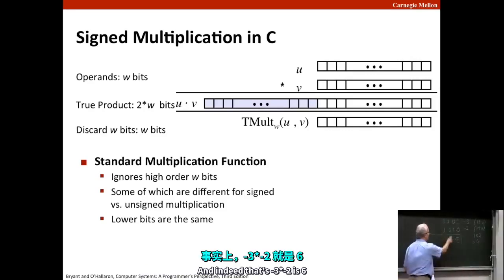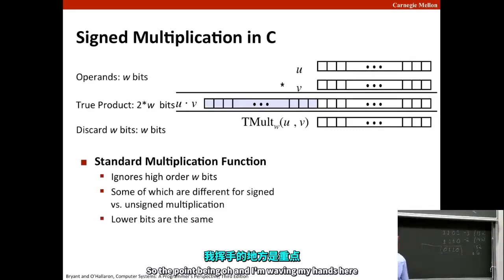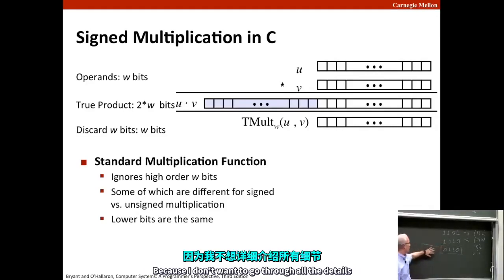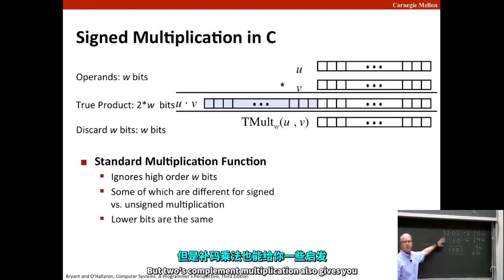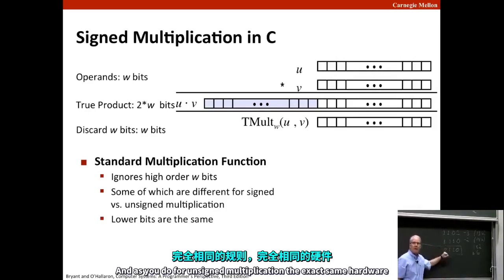And indeed, that's -3 times -2 is 6. So the point being, and I'm waving my hands here because I don't want to go through all the details, but 2's complement multiplication also gives you, if you use the exact same rules as you do for unsigned multiplication, the exact same hardware.